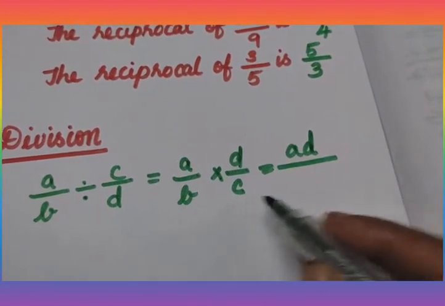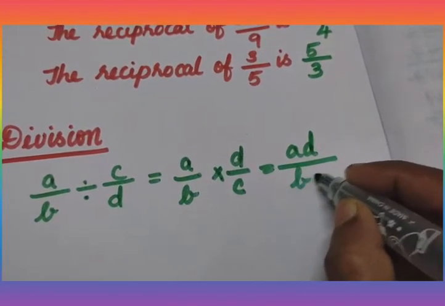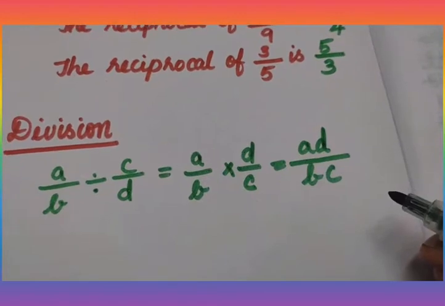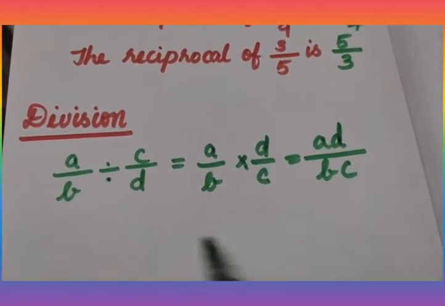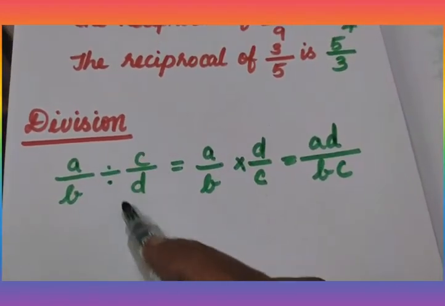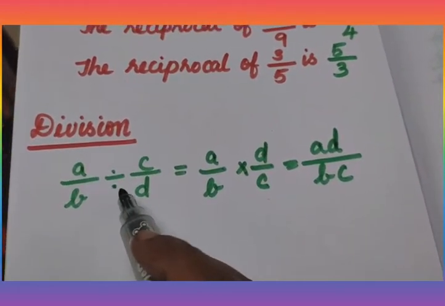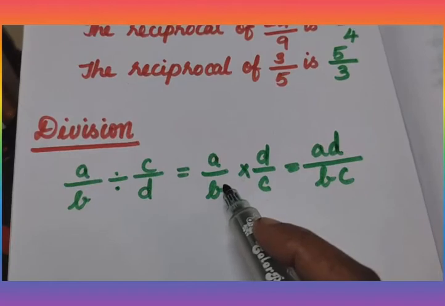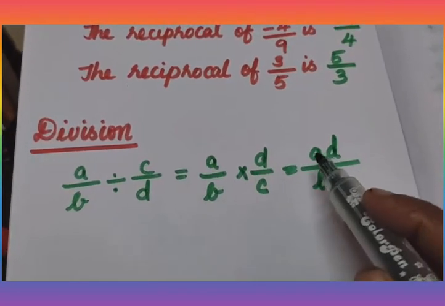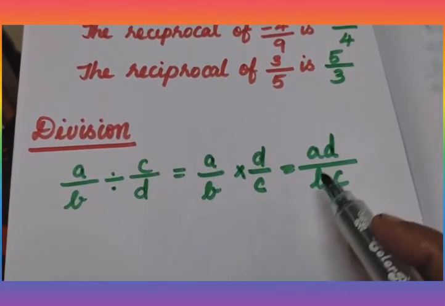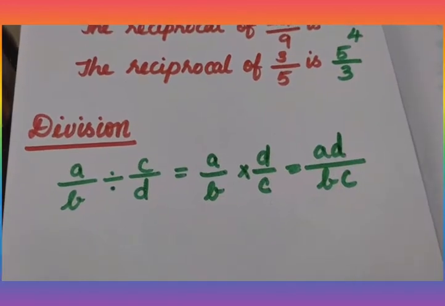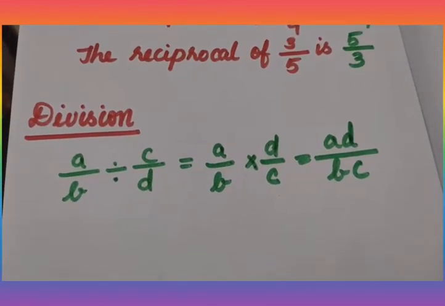Then multiply the denominators separately, that is b into c is bc. Children, understood? Just take the reciprocal of the divisor, then multiply, not divide, multiply with the dividend. After that, multiply the numerators and the denominators separately. Understood?